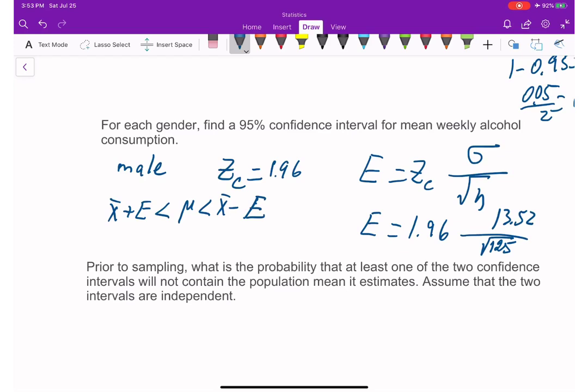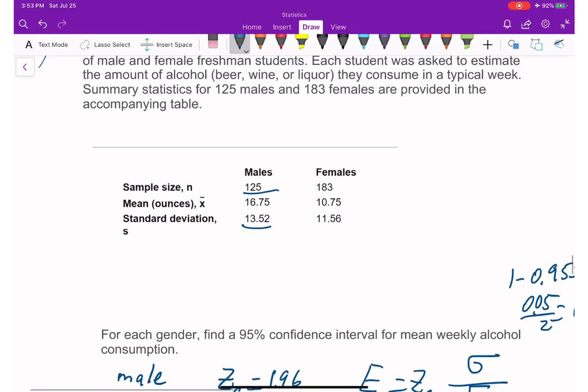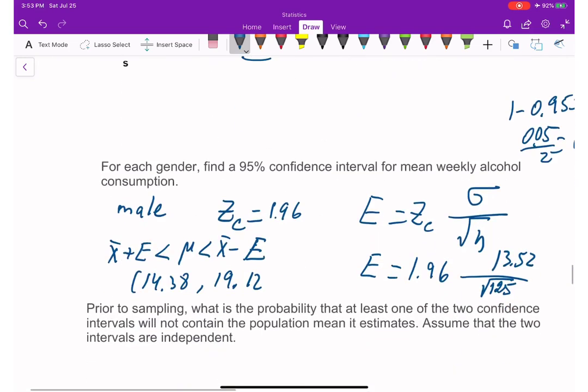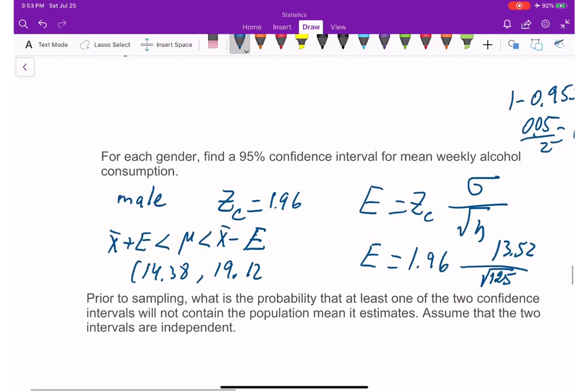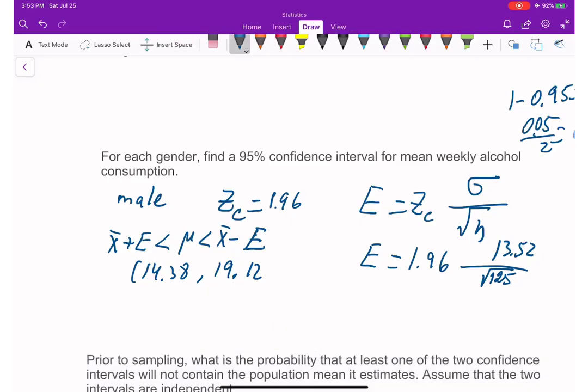So, you should get interval 1438 and 1912. Considering your x bar is 1675. So let me write down 1675. Let me make it easier for you.